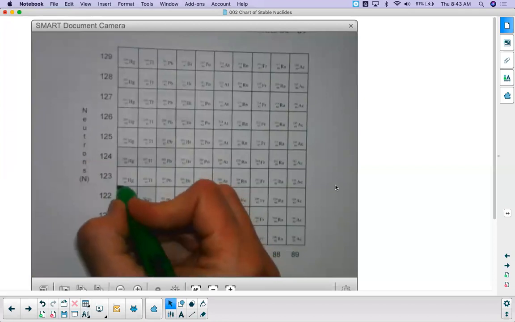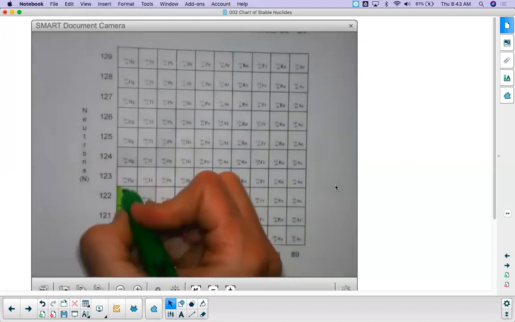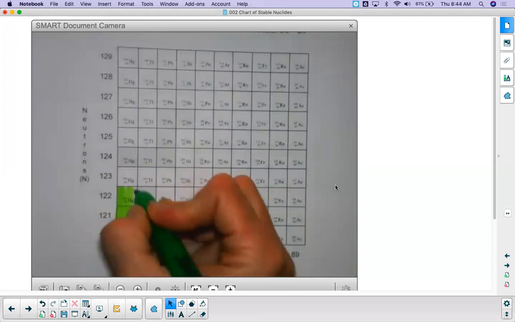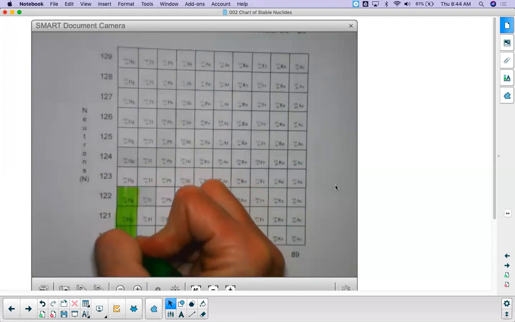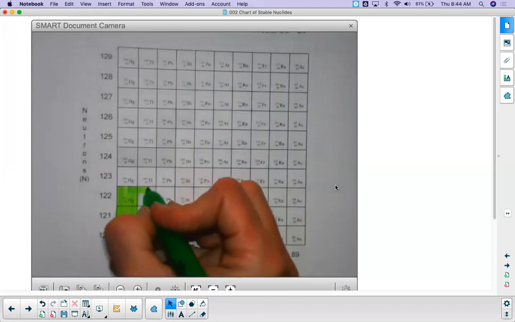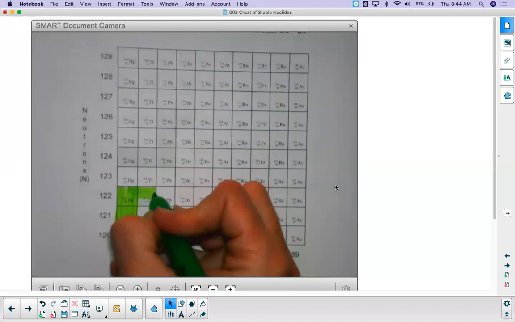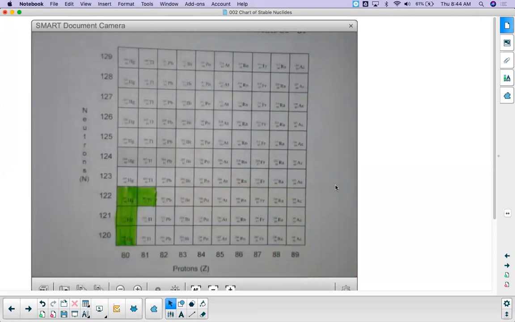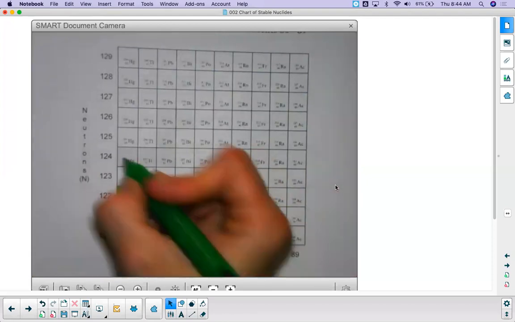Of those 100 things we can make, you will get 10 good ones. And they're the ones that are kind of shaded here, but I'm going to color them because the shading isn't real dark. So maybe if you have a highlighter, you might want to color the ones that are shaded.